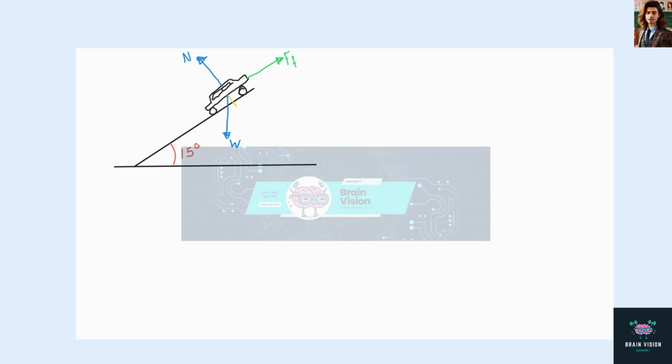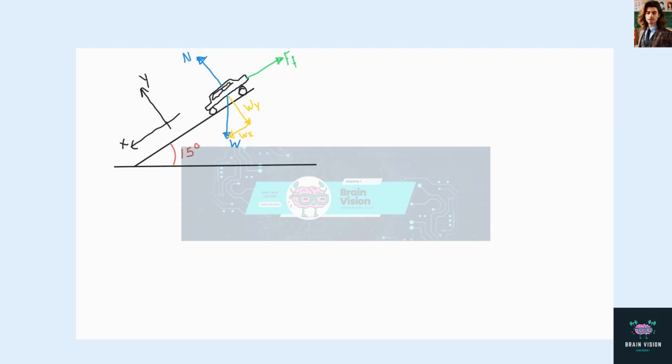One component is this one, let me call it Wy, and the other component is that one, let me call it Wx. Now we can choose our reference frame as follows. This axis will be the y-axis and this other axis will be the x-axis.